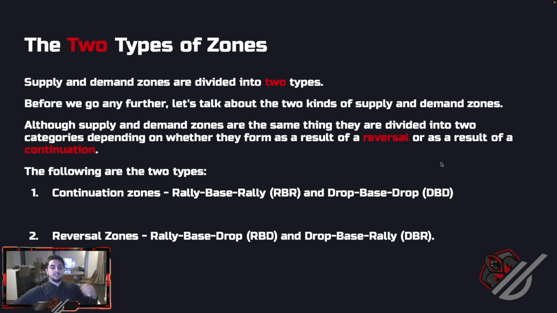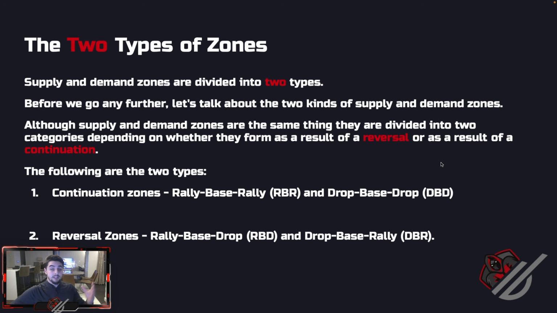Okay, so supply and demand zones are divided into two types. Before we go any further, let's talk about the two kinds of supply and demand zones. Although supply and demand zones are the same thing, they are divided into two categories depending on whether they form as a result of a reversal or as a result of a continuation.